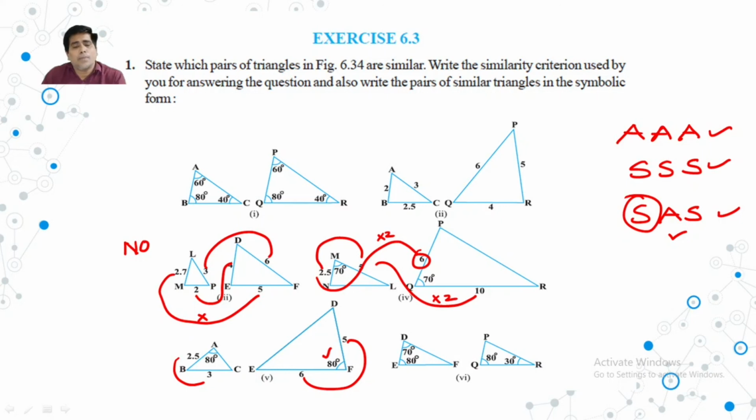The sides are proportional here. But what about the included angle? At A he has given 80, not at B as 80. So none of the criteria it follows. So these are not similar figures.